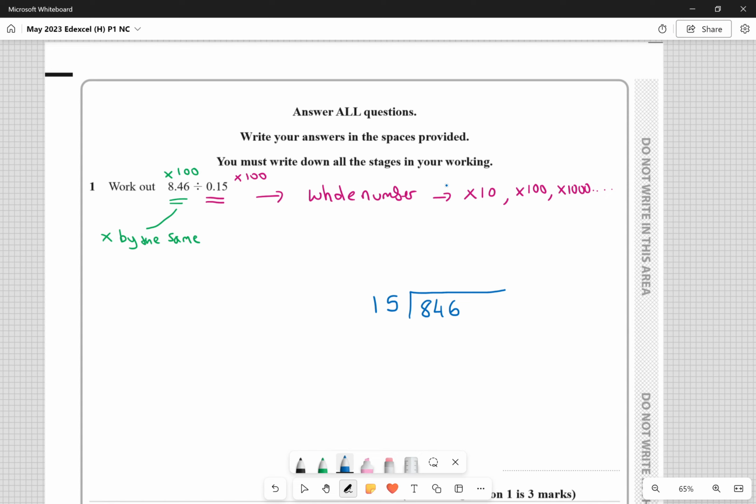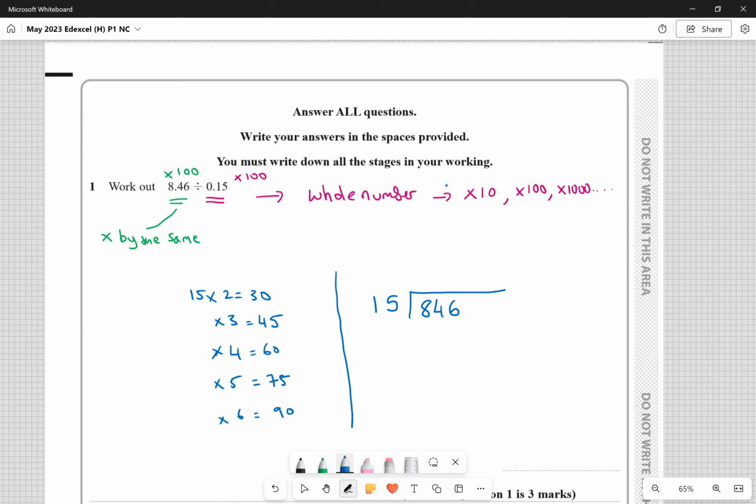Now, if we think about our 15 times table, 15 times 2 is 30, times 3 is 45, times 4 is 60, times 5 is 75, times 6 is 90. So this is your 15 times table from 15 times 2 all the way up to 15 times 6.